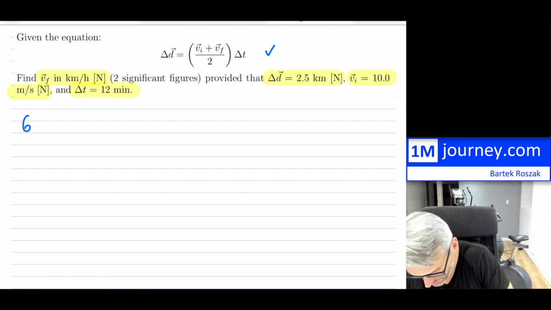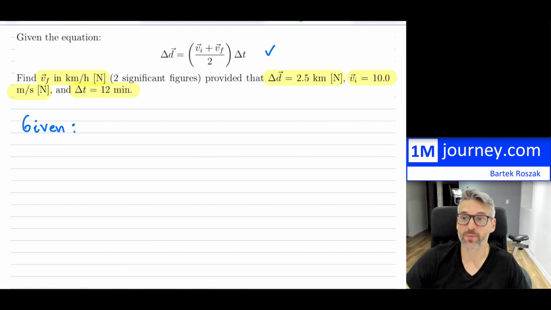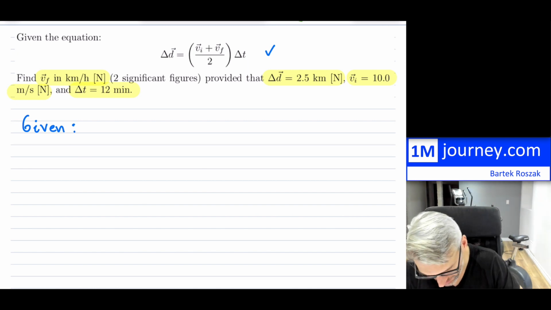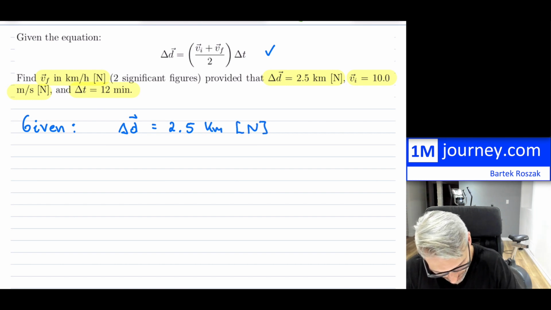Now the rest, so let's write this out. Given, we want the answers in kilometers per hour, so that minutes is not going to align. I'm going to have to change that, but I'll do that in just a moment. So we have this given, that is equal to 2.5 kilometers. This is north, so that's good.